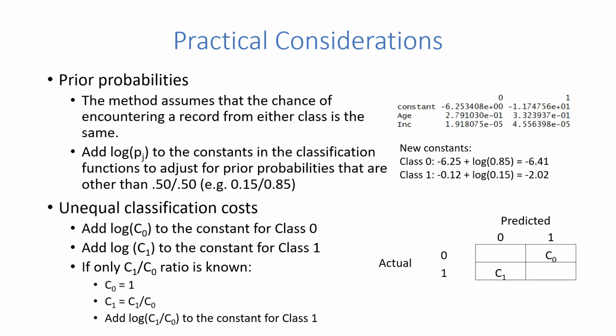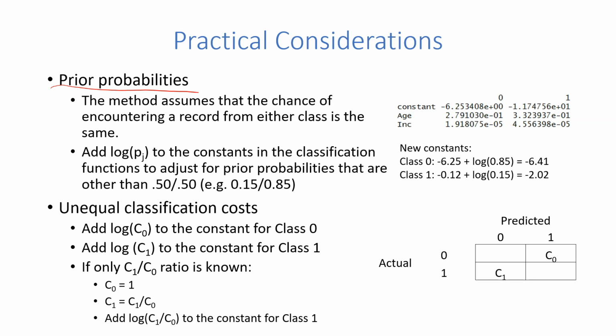Finally, let's discuss some of the practical considerations when performing discriminant analysis. First, let's talk about how to deal with prior probabilities. Discriminant analysis assumes that in a binary class situation, the chance of encountering a record from either class is the same.